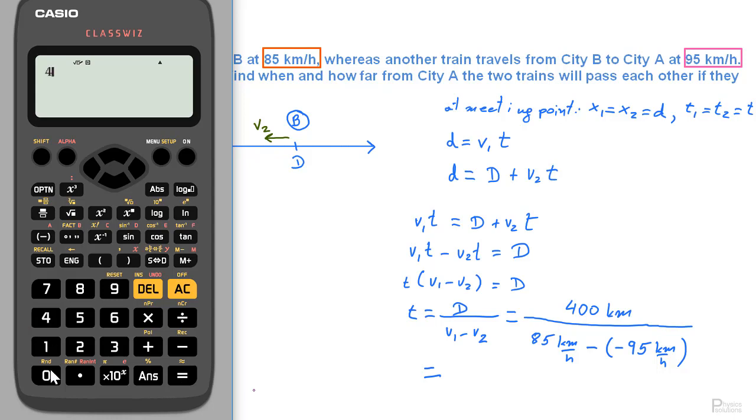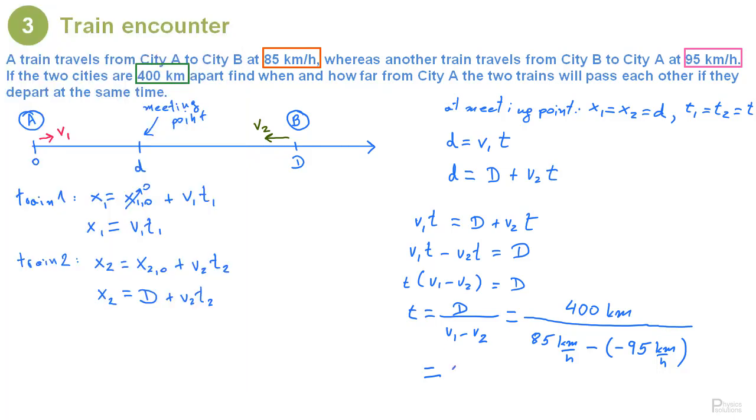We have 400 divided by parentheses, have to be careful here, 85 minus minus, so this is the same as plus 95. Close parentheses. We get 2.2. If we pay attention to the units, we have kilometers divided by kilometers per hour. So just as in previous problems, we get the right units. This will be hours. So this is the time. Time is 2.2 hours. So that is the answer to the first part.